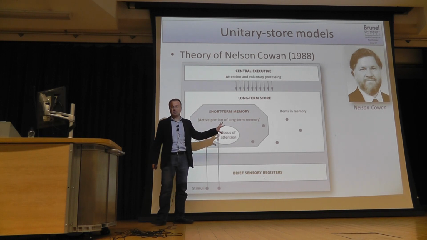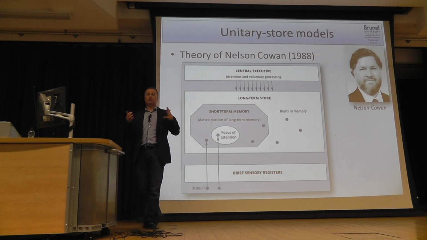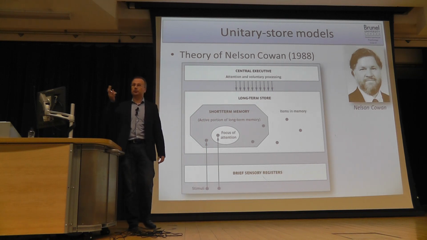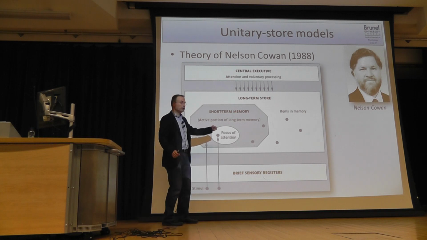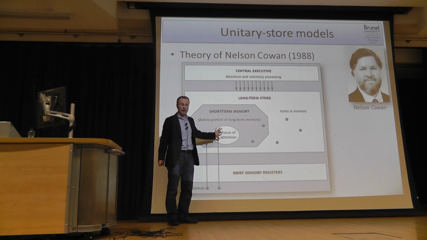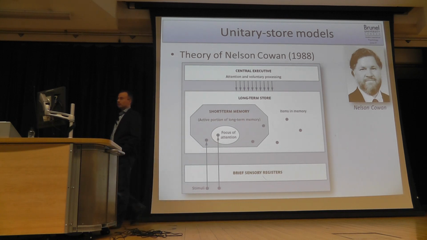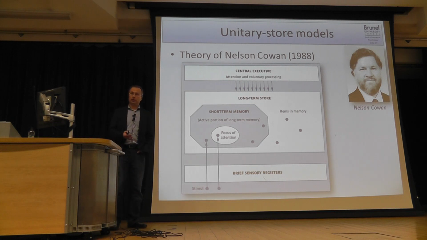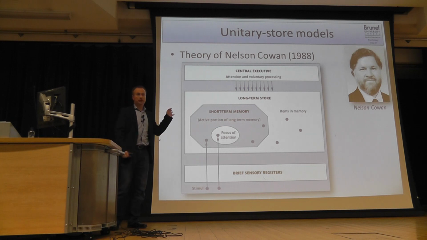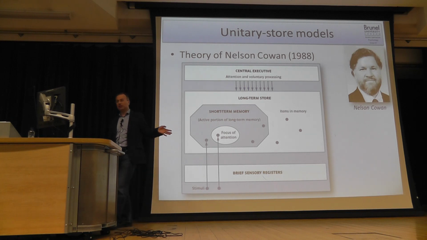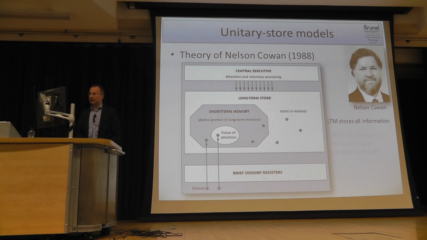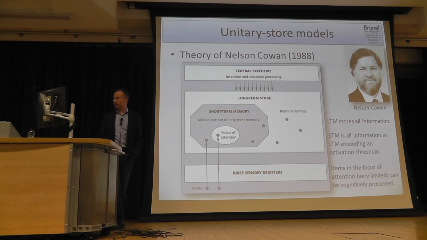So in this example where we said, okay, with the phone number, please switch the last 2 digits, we would have to focus our attention on this one single piece of information in our short-term memory and work with that. So from a conceptual point of view, it's very different to the other models. And there is some evidence in support of that.